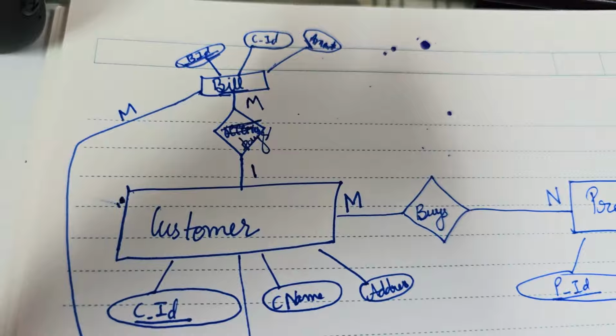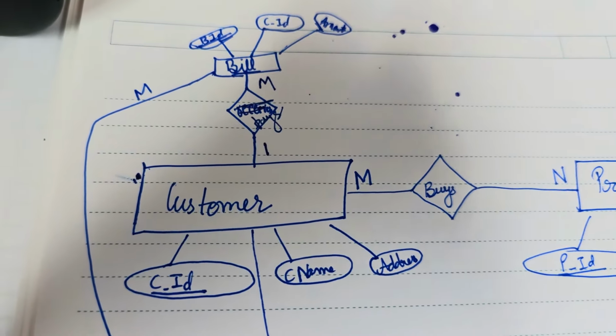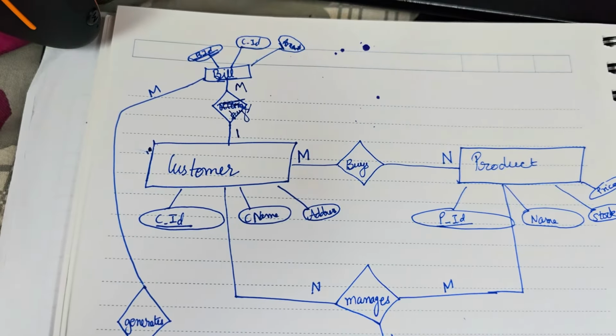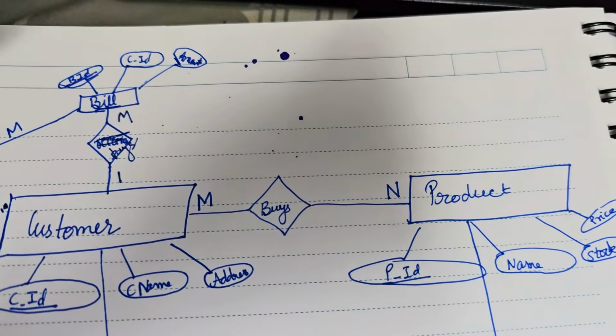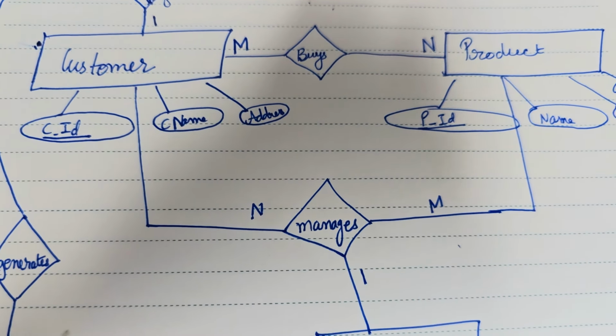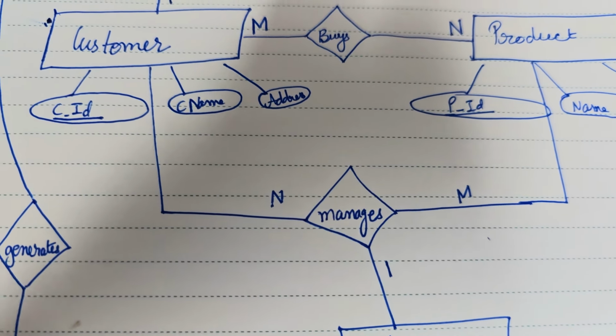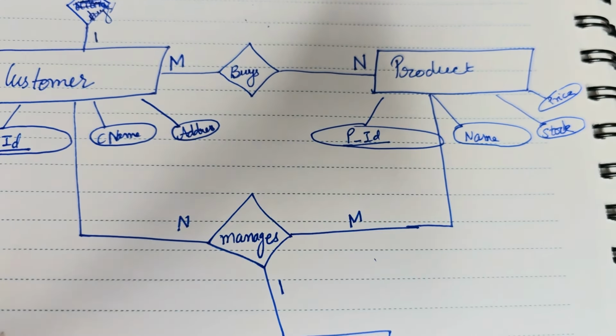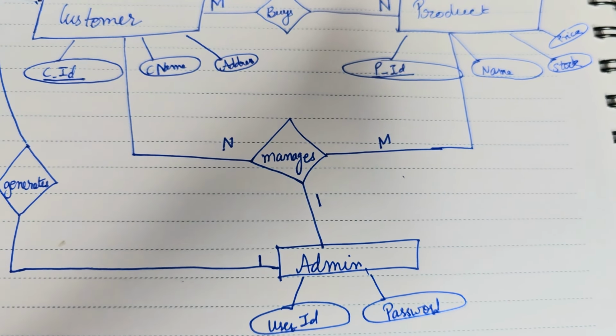So the cardinality between customer and bill is 1 is to m. The cardinality between admin and bill is 1 is to m. Cardinality between customer and product is m is to n. The cardinality between admin and customer is 1 is to m, and between admin and product is also 1 is to many.